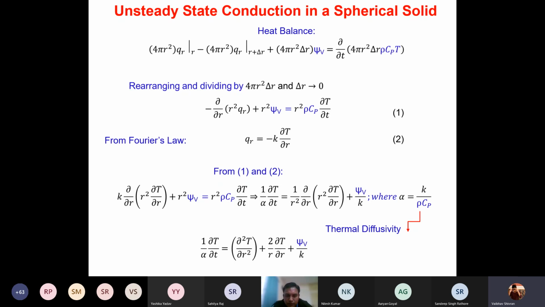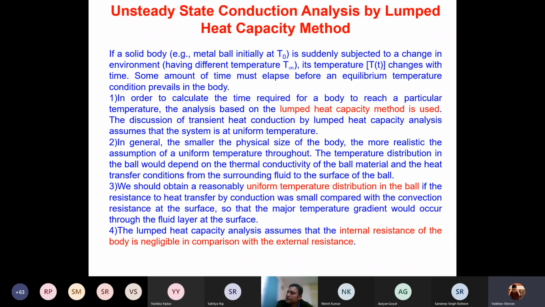Hello. Yes, sir. Okay, so now let's extend this. Again, this concept of unsteady state heat transfer we have looked at in the context of the lumped heat capacity method.